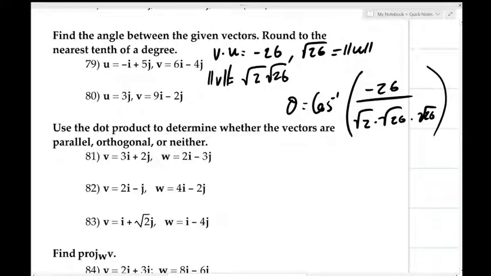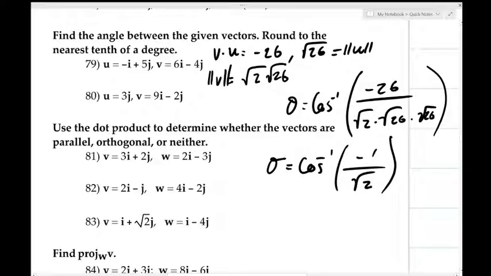So when we multiply two things that are equal under the radical, they cancel each other out. Okay, and we'll get something like this. Theta is equal to cosine inverse of negative 1 over square root of 2.